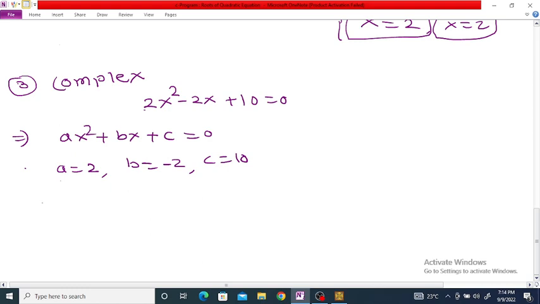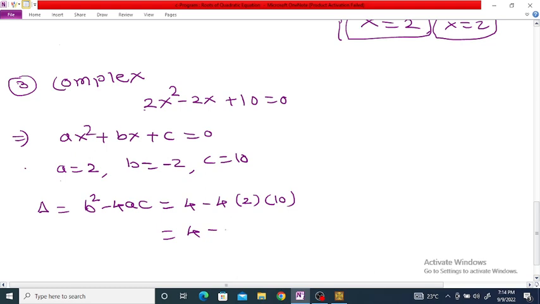So if you try to find the discriminant, b square minus 4ac, then b square is 4, minus 4 times a is 2, c is 10.